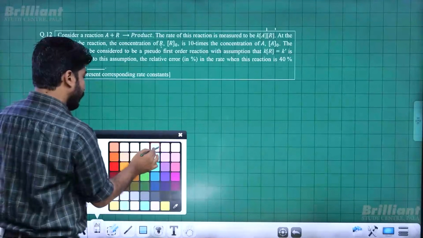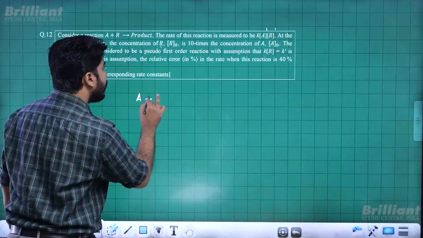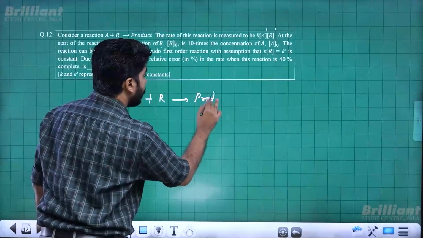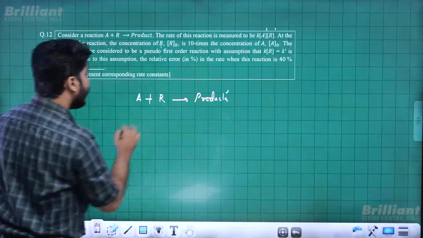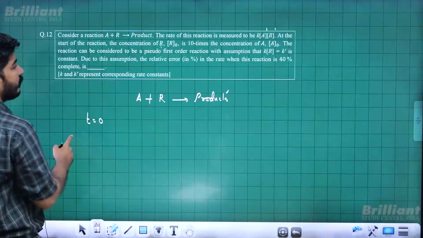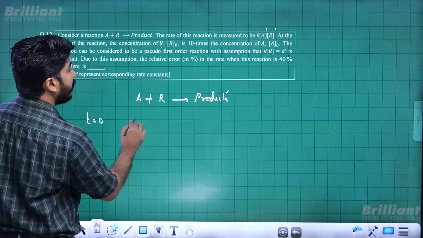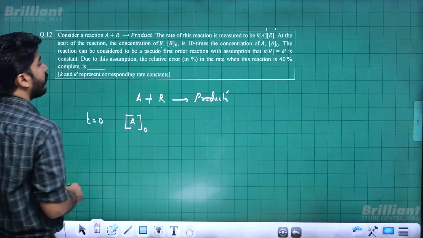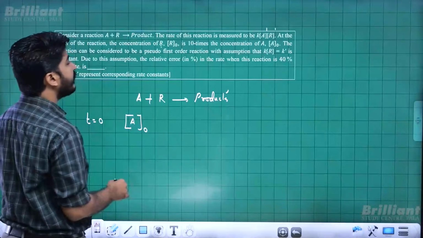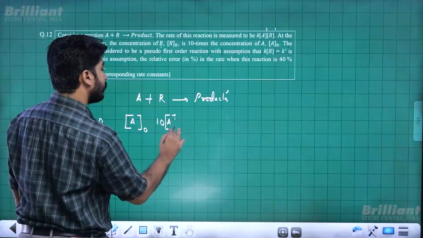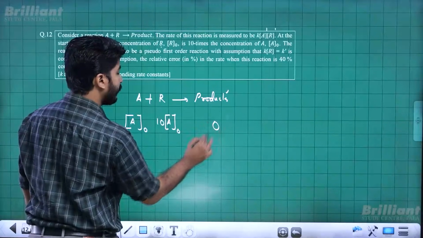So let's write the balanced equation for the reaction, A plus R giving products. Initially, the concentration of A is given as A naught, and the concentration of R initially is 10 times A naught. No products were formed.